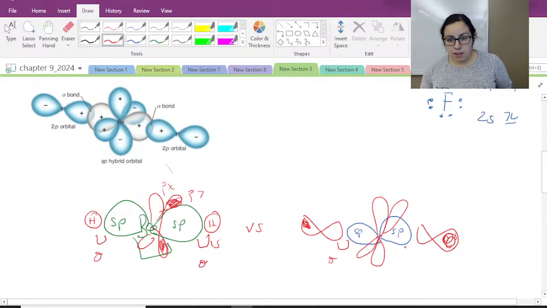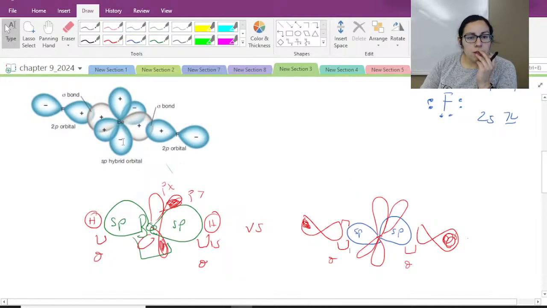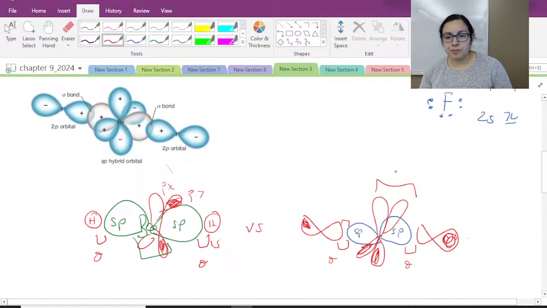So that's a sigma interaction, and your book doesn't show this here. This is where we have our bonding. But beryllium only has 2 electrons, so what does that tell us about these orbitals of beryllium? They're unoccupied, yeah.